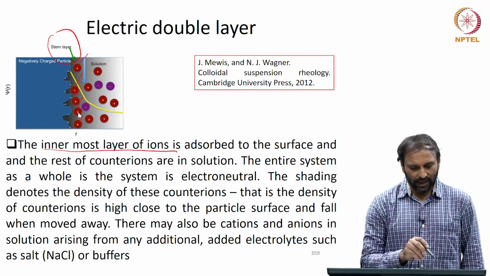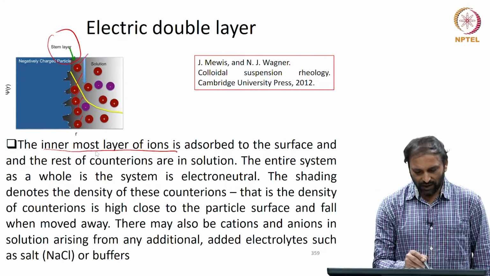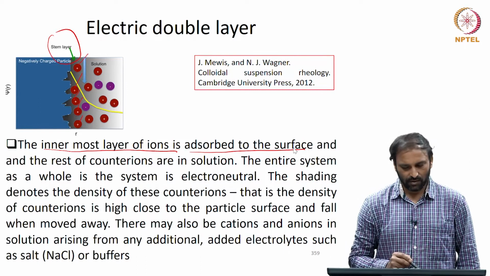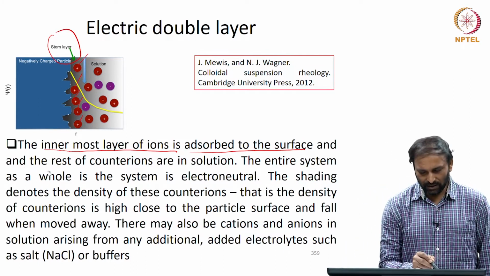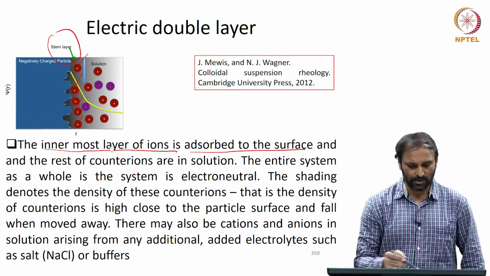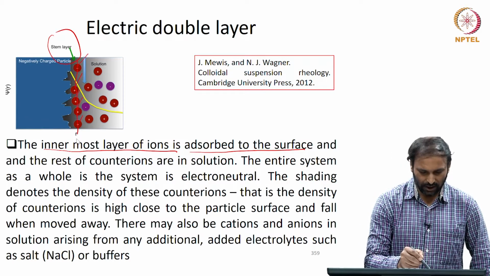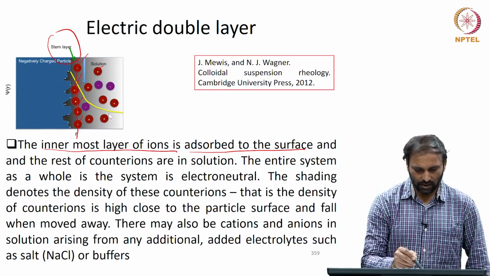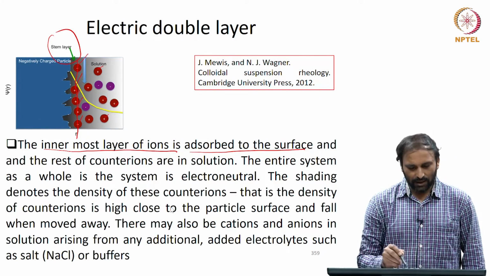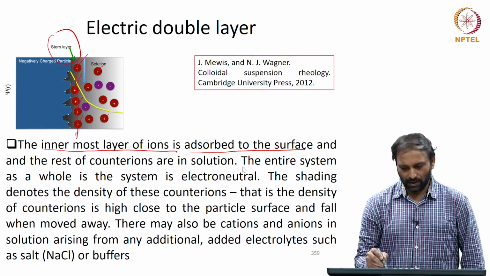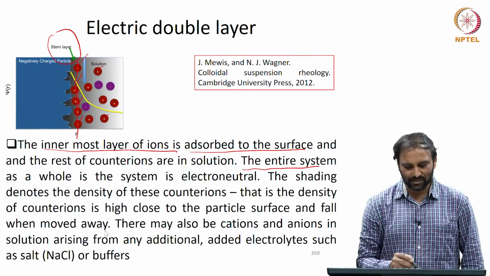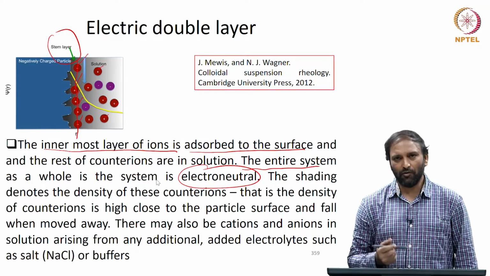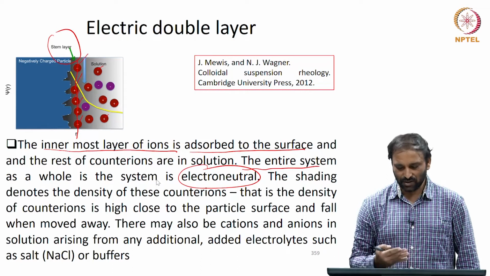In the immediate vicinity of the charged surface, the innermost layer of ions is adsorbed to the surface, and the rest of the counter ions are in solution. Of course, there are some other counter ions as well, and the entire system as a whole is electroneutral because there will be equal numbers of positive and negative charges in the solution.